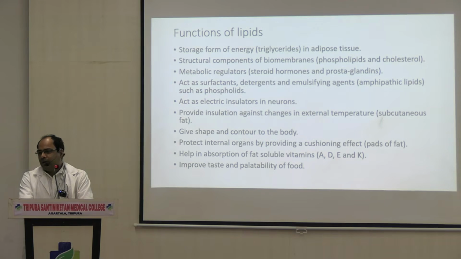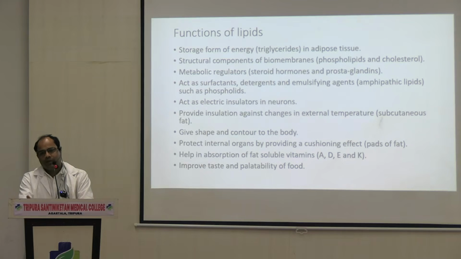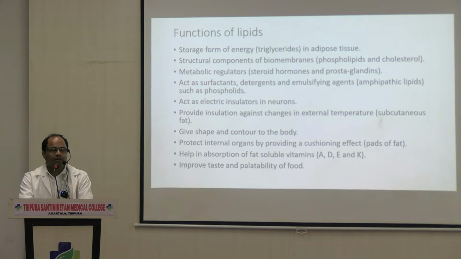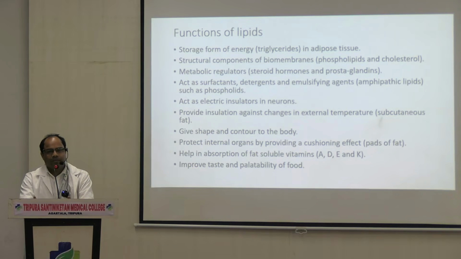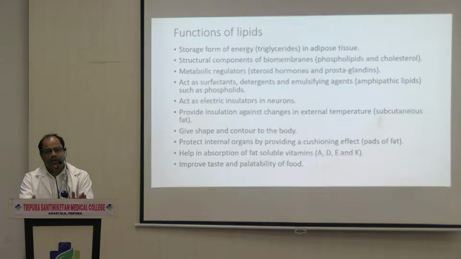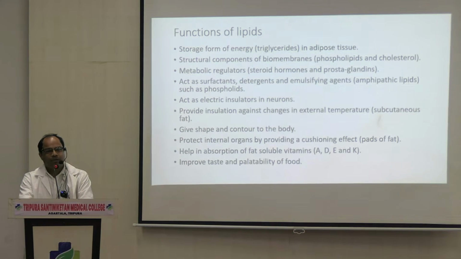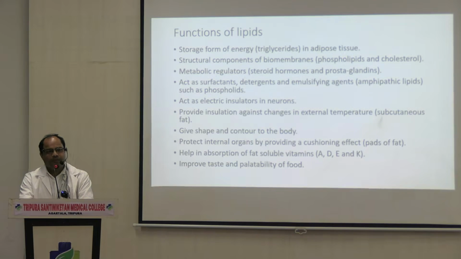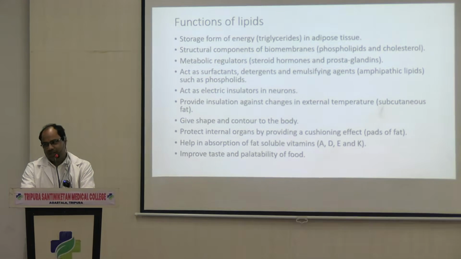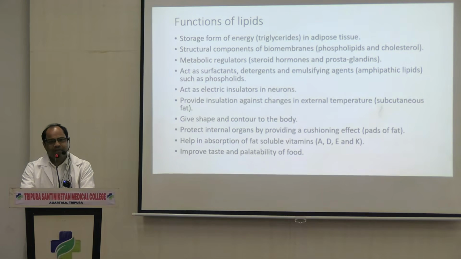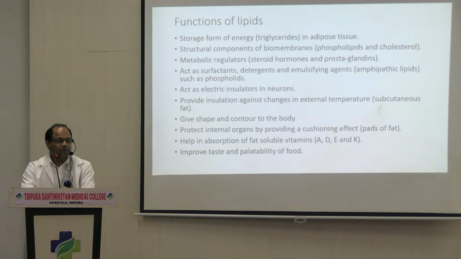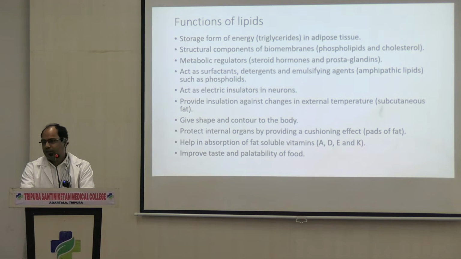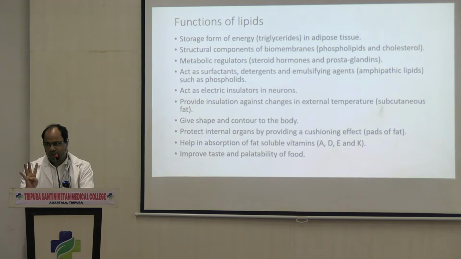Can anyone tell me, if you burn 1 gram of fat, how much energy is released? Who can tell? You read in class 12: 9 kilocalorie. Okay. If we burn 1 gram of carbohydrate, we get 4 kilocalorie.